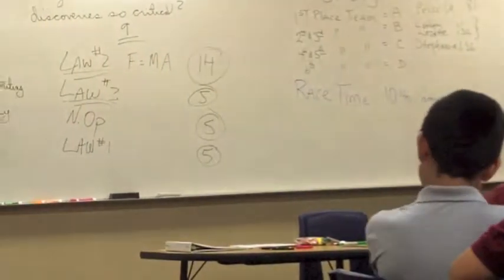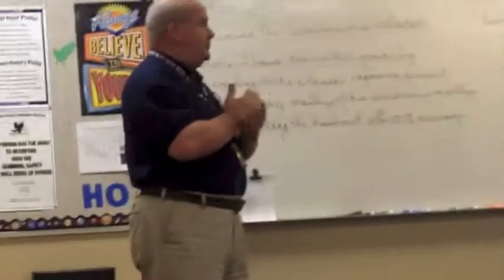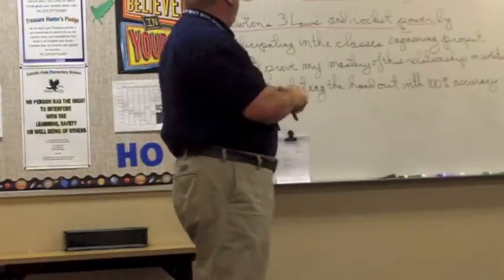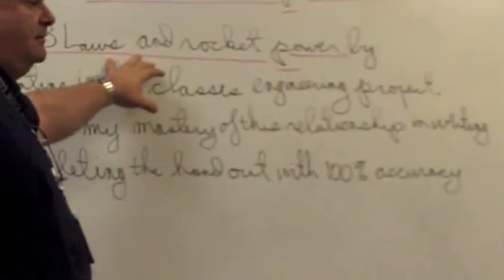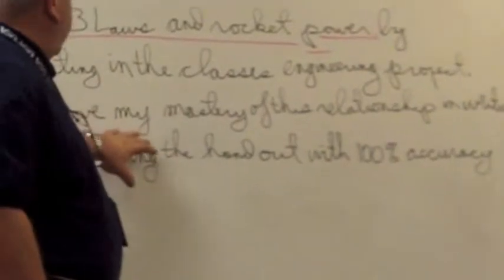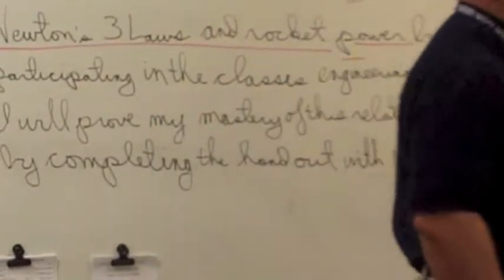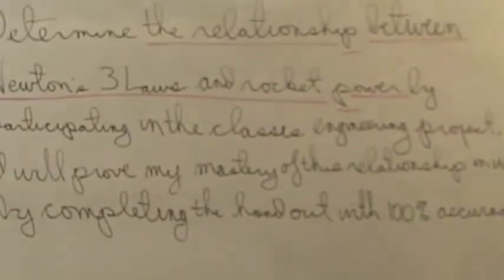So, hey, we have a few things we've got to do before we go to recess. So, here's the story. Let's review our objective one more time. We want to determine the relationship between Newton's three laws and rocket power, which we did. And we want to make sure that we hand in our quiz so that we get credit for it.